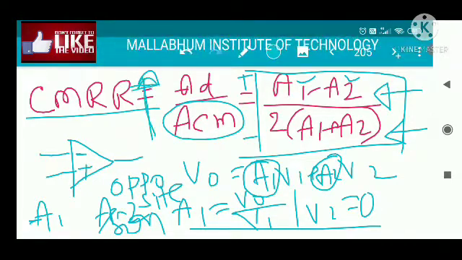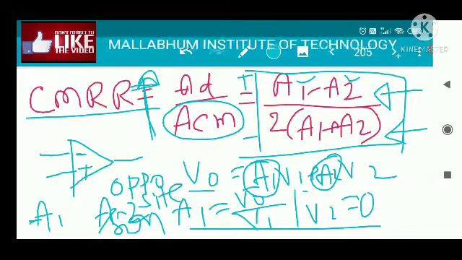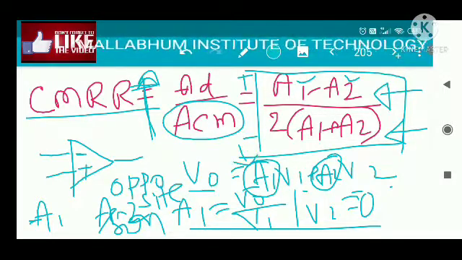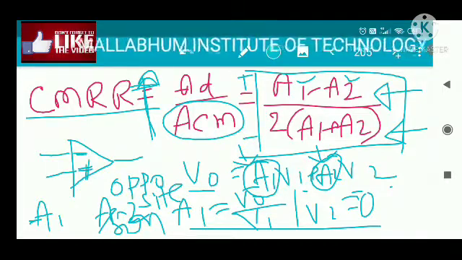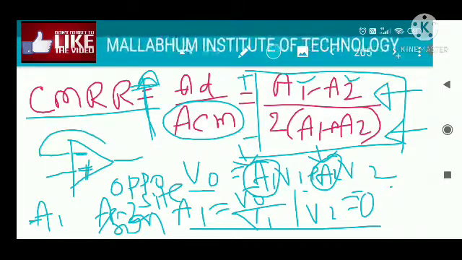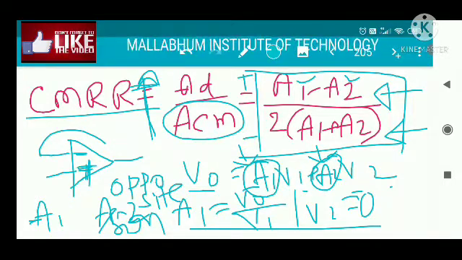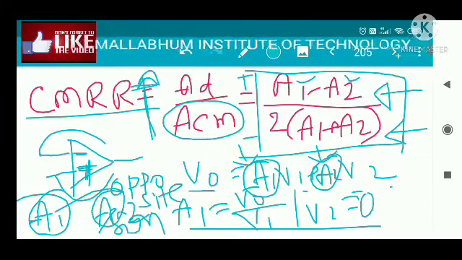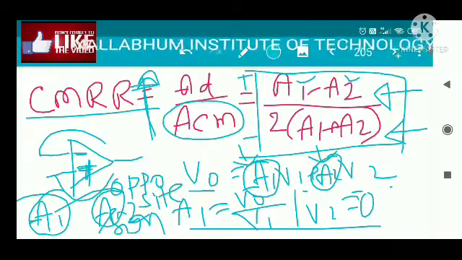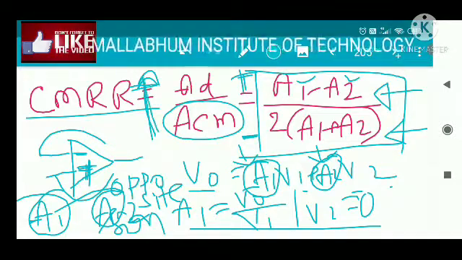So eventually the CMRR should be high. You must understand this: this is the gain of one terminal, and this is the gain of another terminal. If the input is connected to this terminal, gain is negative; if the input is connected to this terminal, gain is positive. So A1 and A2 are of opposite sign, the difference becomes large and the summation becomes small, which means CMRR itself is high.